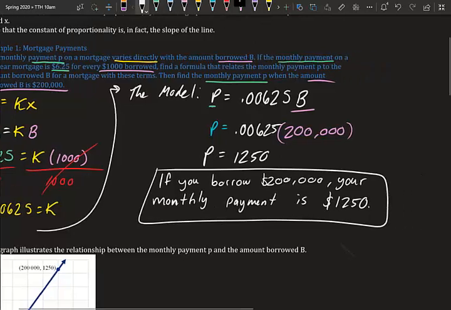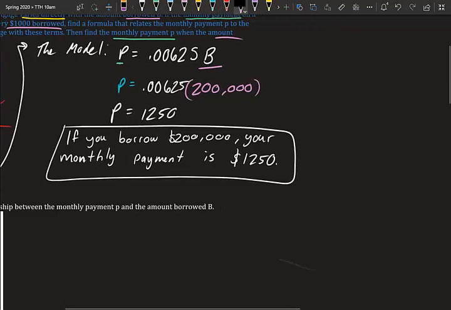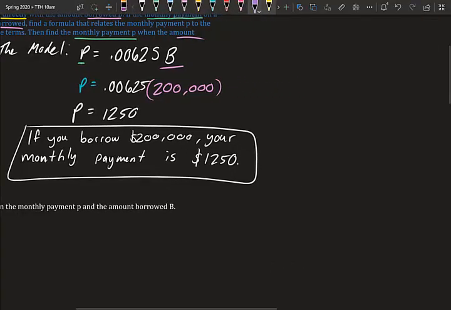What does that mean? Well, so you bought a house, it's $200,000, you got a certain interest rate, and now your monthly payment is $1,250 a month. So, extra information. You do not need to know that. This is just extra information for me to tell you. When you borrow money and you get a loan, there's something called interest rate.